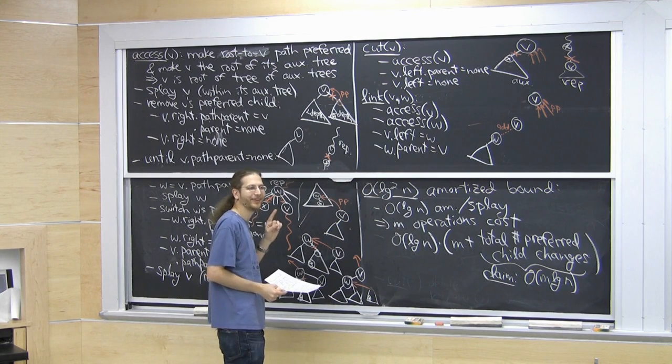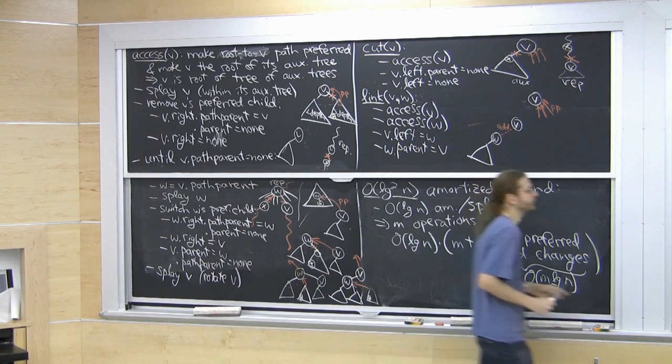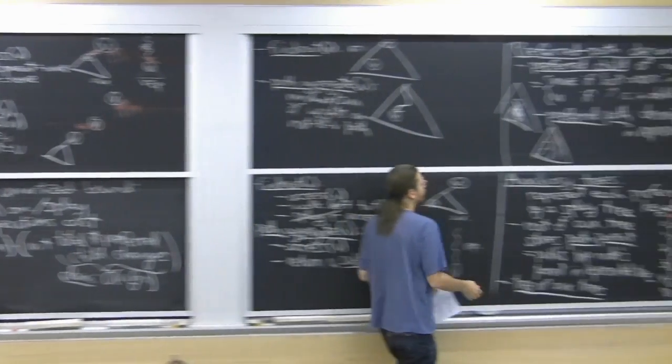Before I do that, I need heavy light decomposition. So to prove this, we're going to use heavy light decomposition. And this, I think, is where things get pretty cool.